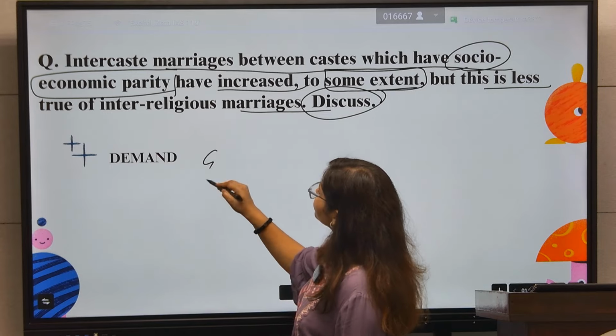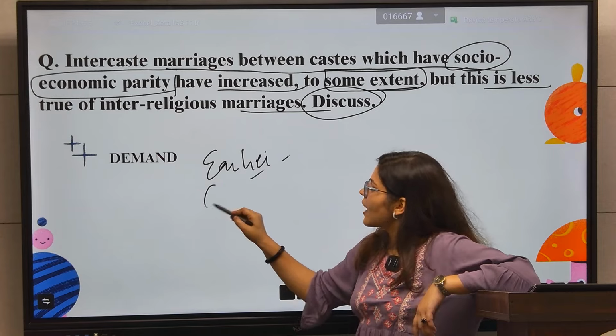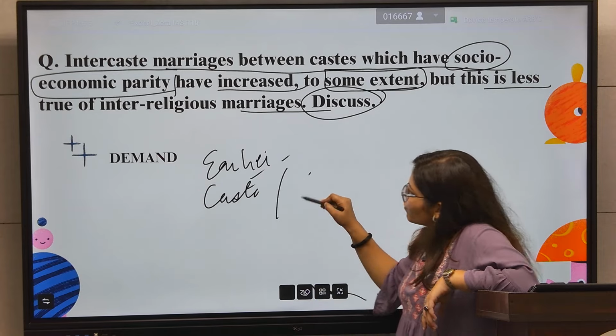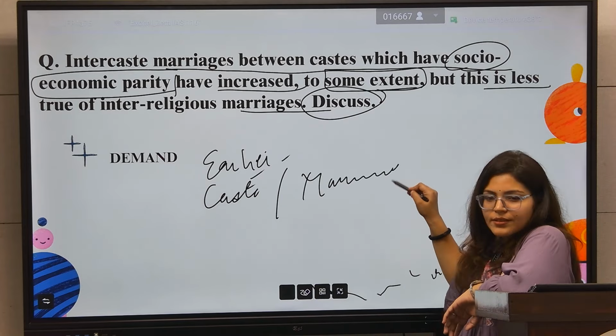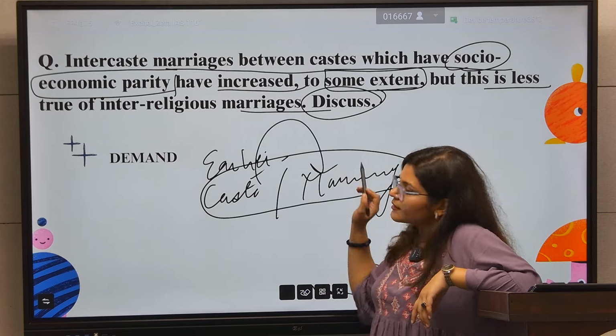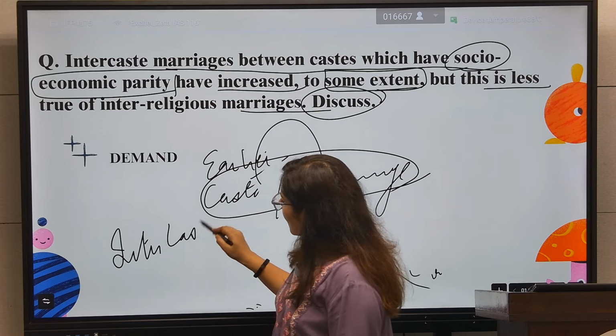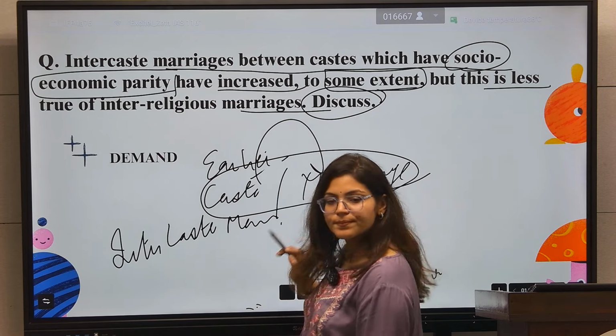See, earlier what happened? UPSC asked a question on caste. UPSC asked a question on marriages. So now UPSC interlinked these two and generated intercaste marriages.